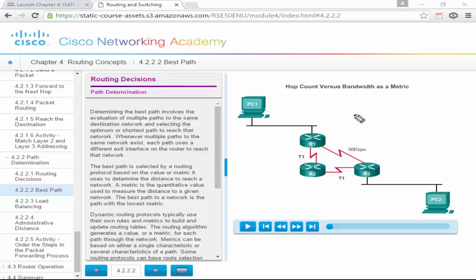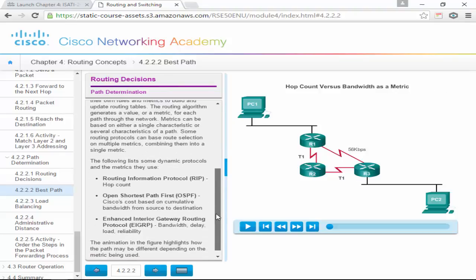So dynamic routing protocols choose the best path. Each one has its own, what we call, administrative distance, which I'm not going to go over yet because it's coming. That picks which routing protocol to use, and it's picked by which one's the most trusted. So administrative distance is trust.